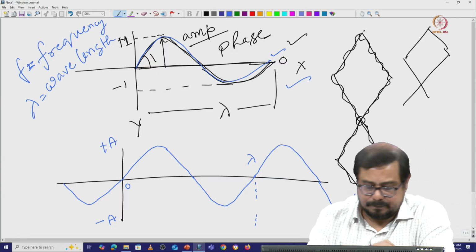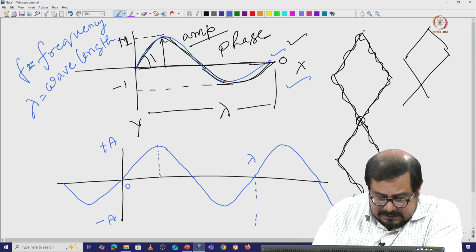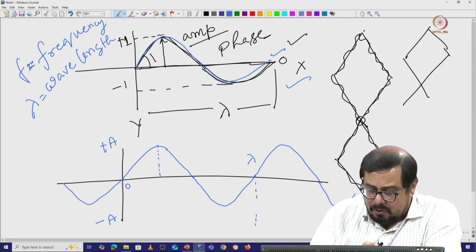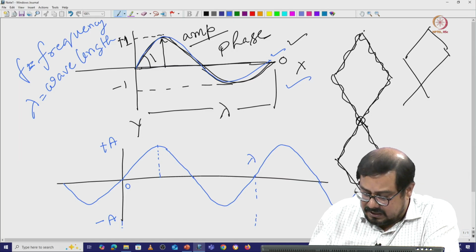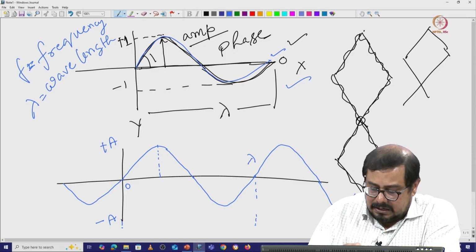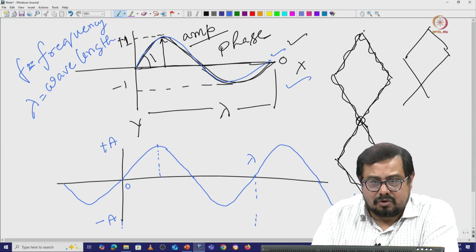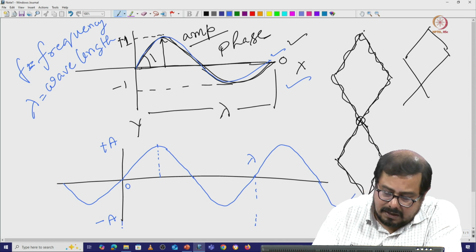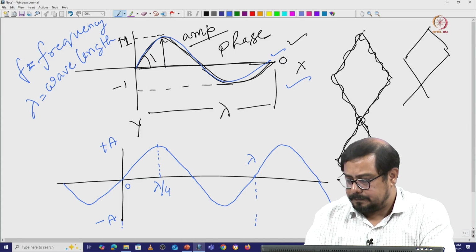Now, starting from 0, I am marking this point, which has just traveled 1/4 of the wave. If this is my complete wave starting from here to here, then this particular point is 1/4 of that wavelength, right. So, now I can tell that this is lambda by 4.